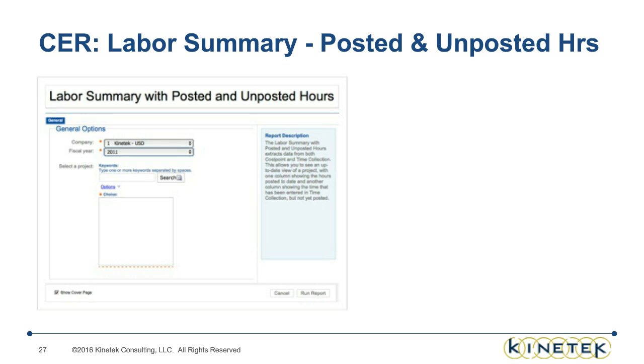So here's where we have some business intelligence that stretches across two platforms. It'll bring us what's been posted in Costpoint, as well as what we're still working on in T&E, if we're in the middle of the week and haven't gotten to submit, sign, and approve, but we want to see how our hours are coming on our programs.